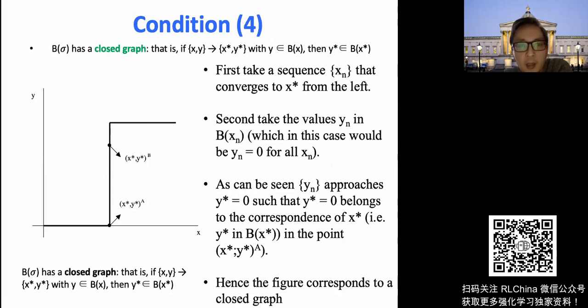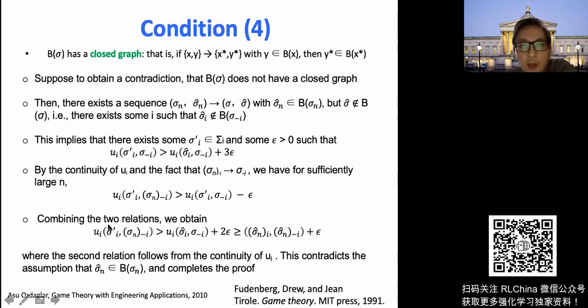You can see visually that if these points converge to this point, and all of them belong to this best response set, then this point also belongs to it. That's what this condition says.